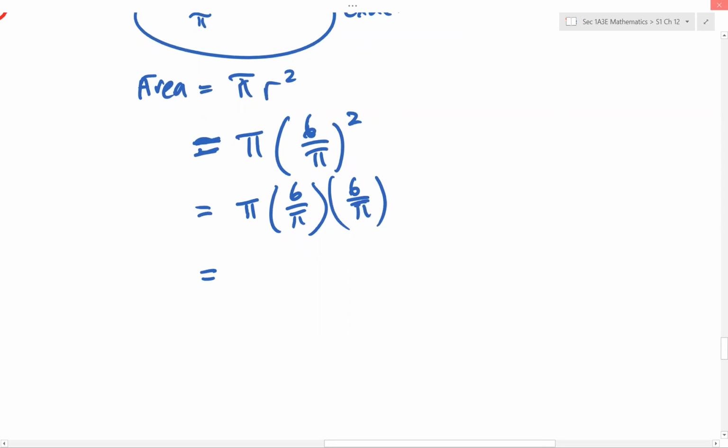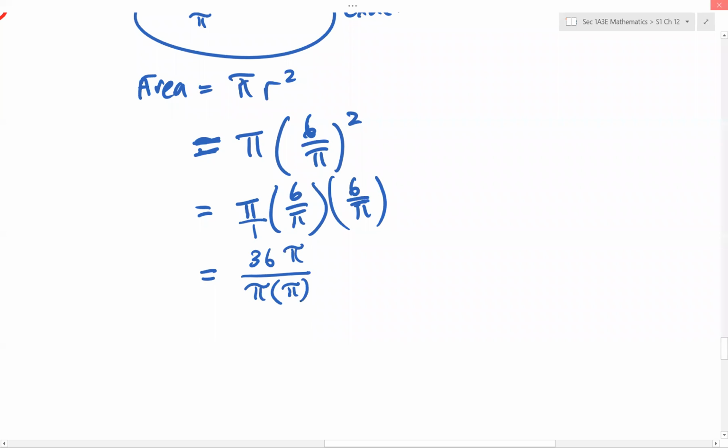Okay, now 3 items multiplied together. I can change this into a fraction. Fraction times fraction times fraction. Numerator times numerator times numerator divided by denominator times denominator times denominator. So we get 6 times 6, which is 36, times pi divided by pi times pi.